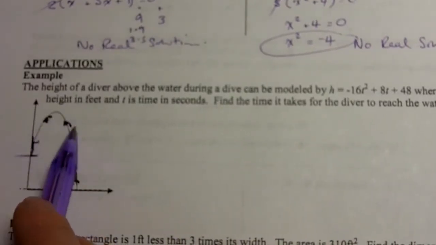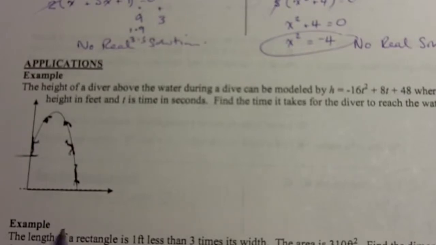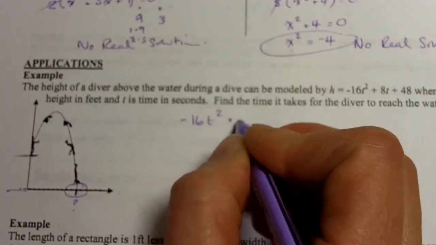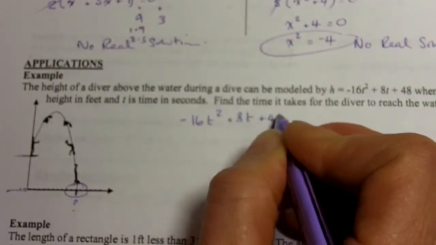So you notice here we have the shape of a parabola. This is when we reach the water, so this will be the value on the x-axis, which is representing time. So this is a 0 of the function. We're going to take our equation and factor it.